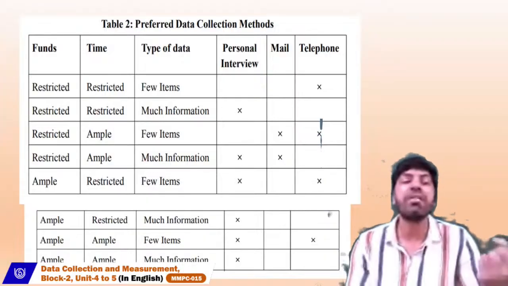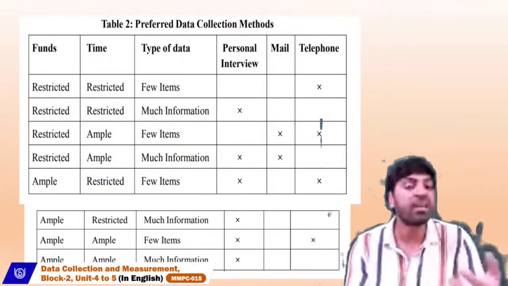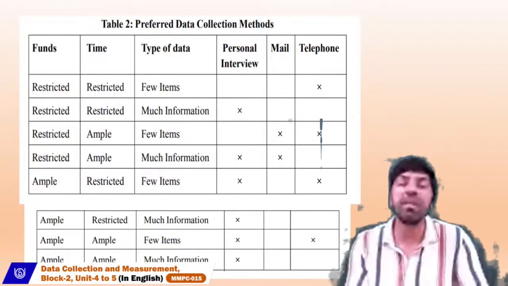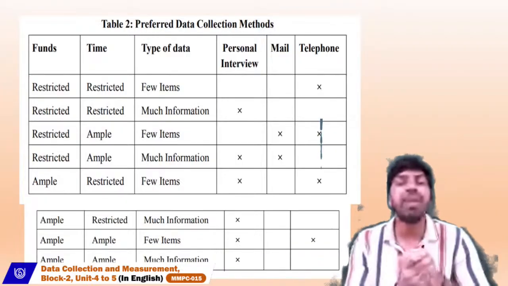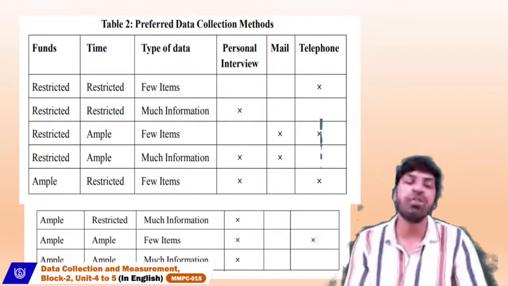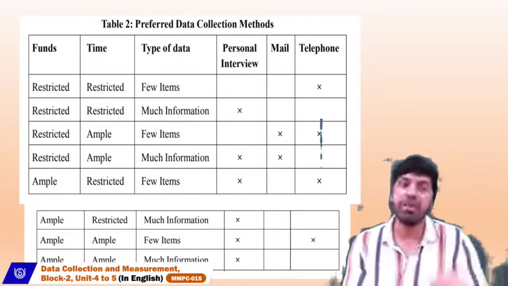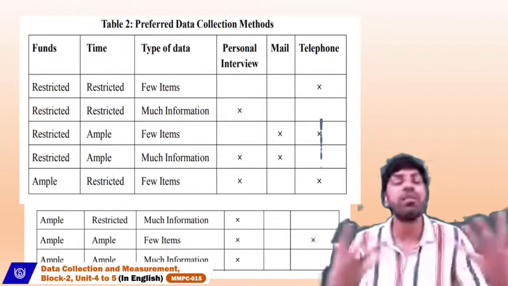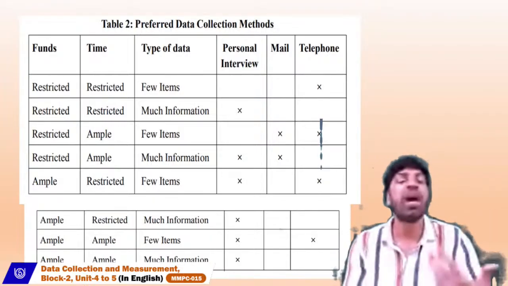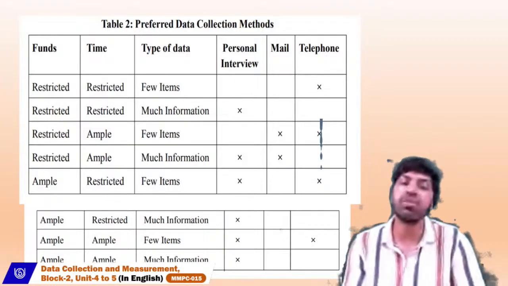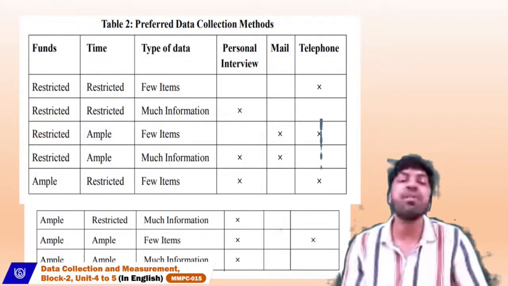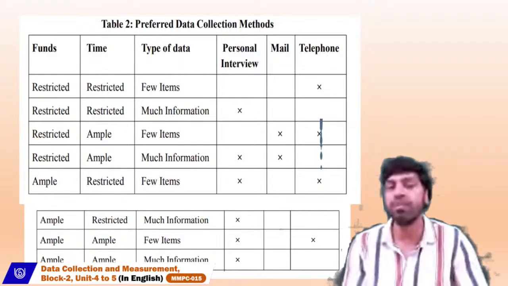When funds are restricted, time is also restricted, and much more information is required, then of course the mail questionnaire and telephonic interview are more preferred. When funds are restricted, ample time is available, and few items of data have to be accessed, then of course the personal interview is preferred.